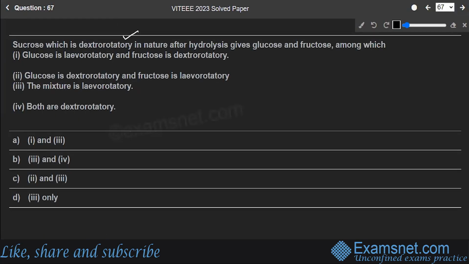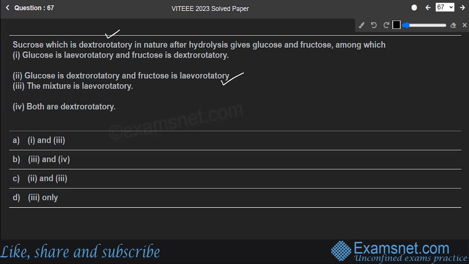Sucrose is dextrorotatory in nature, but after hydrolysis gives glucose and fructose. Which of the following is true? Glucose is levorotatory, fructose is dextrorotatory; glucose is dextrorotatory, fructose is levorotatory; the mixture is levorotatory; or both are dextrorotatory. Yes, sucrose is dextrorotatory, but after hydrolysis it gives dextrorotatory glucose and fructose, which is levorotatory.